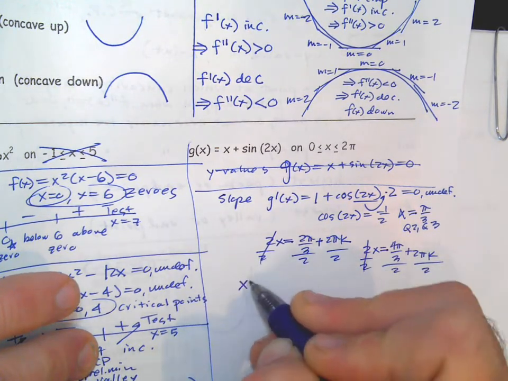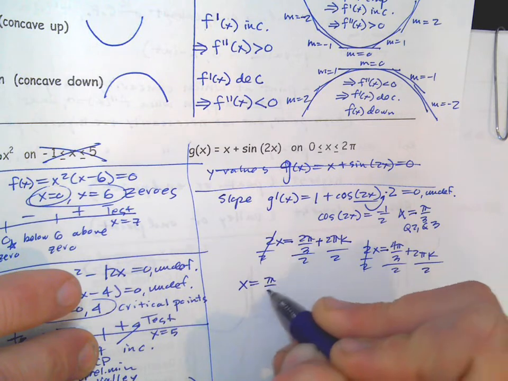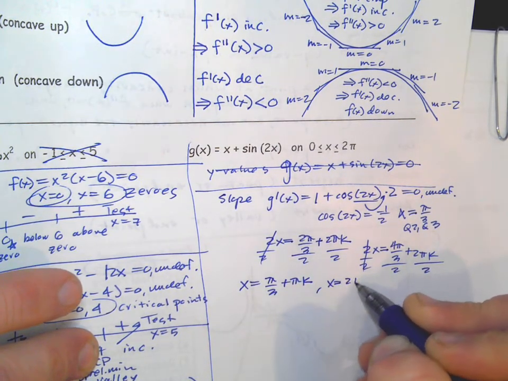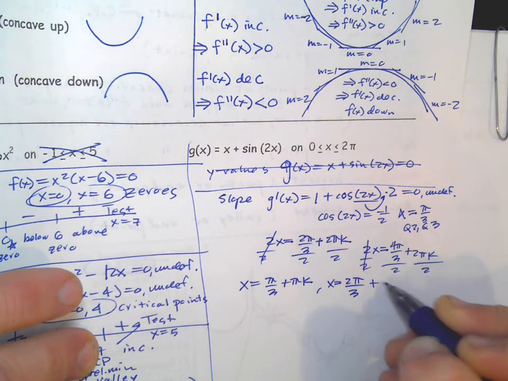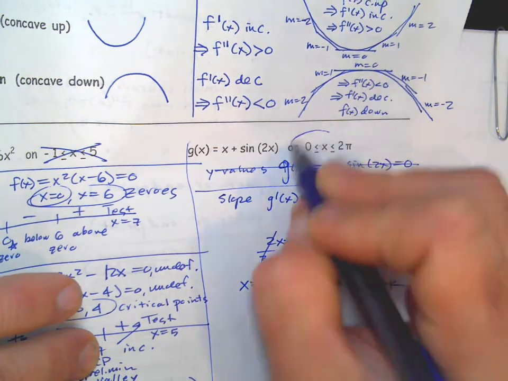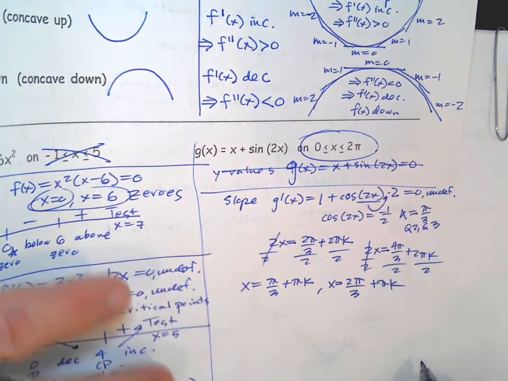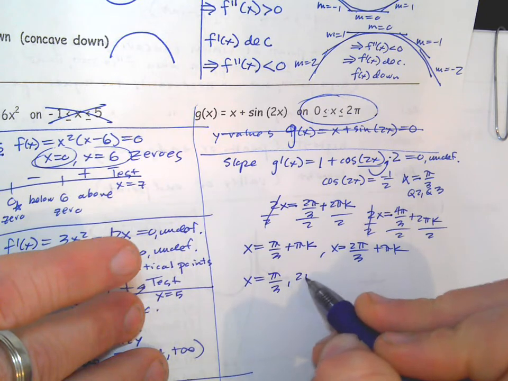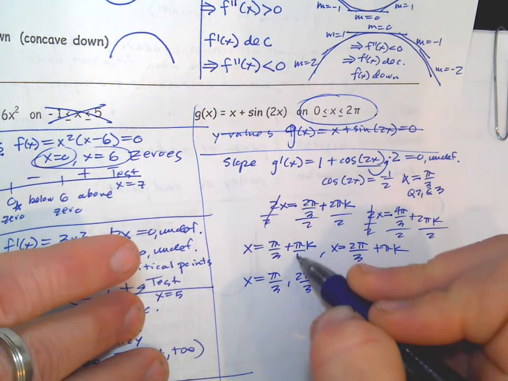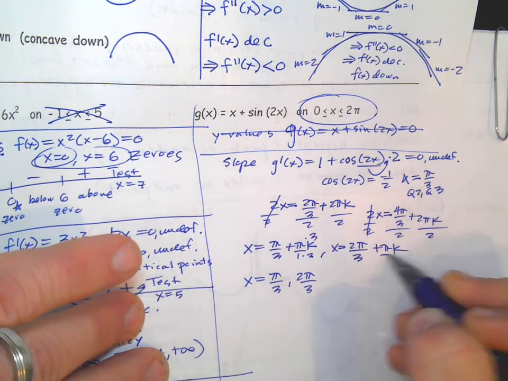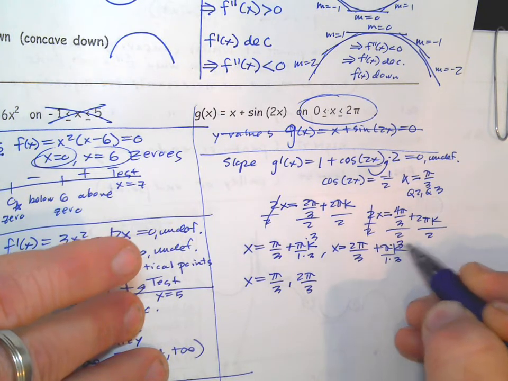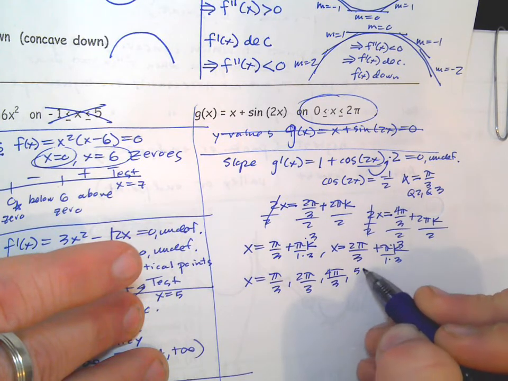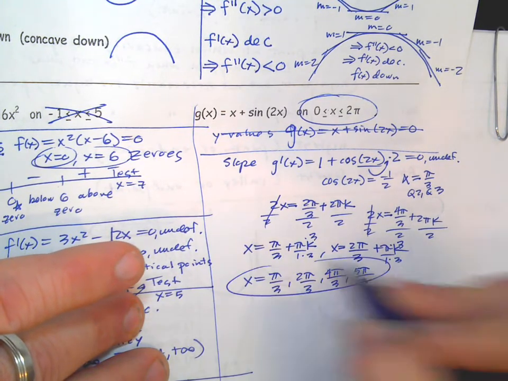And so then we get x equals pi over 3 plus pi k, and x equals 2 pi over 3 plus pi k. This time it does matter that we look at the domain. So critical points are going to be pi over 3, 2 pi over 3, give these the least common denominator if you want, 4 pi over 3, and 5 pi over 3. So these are your critical points.